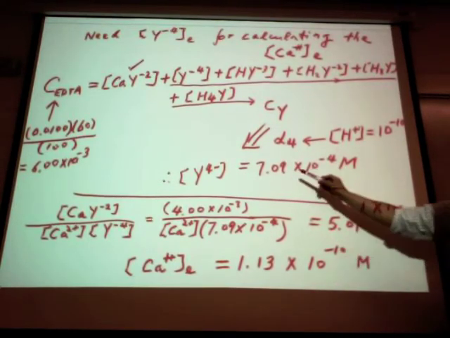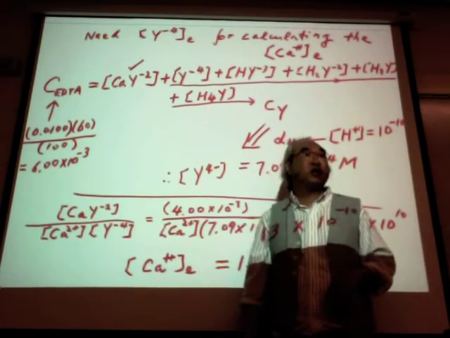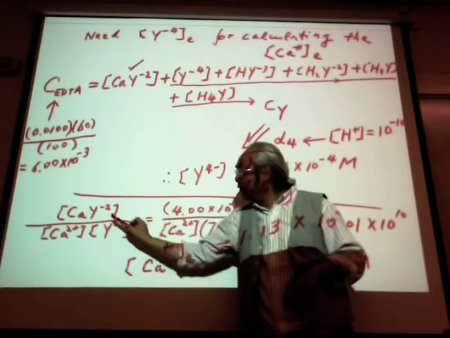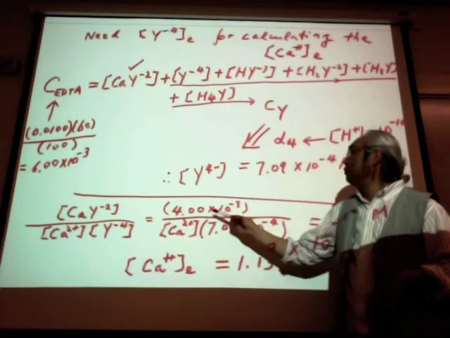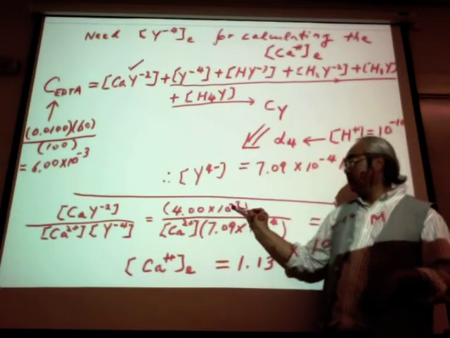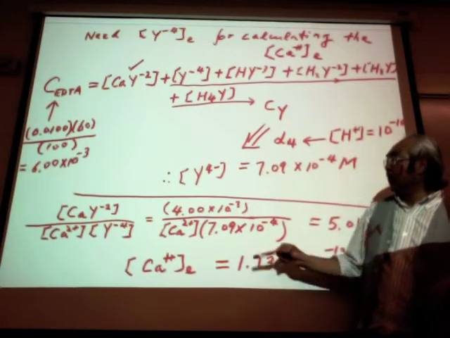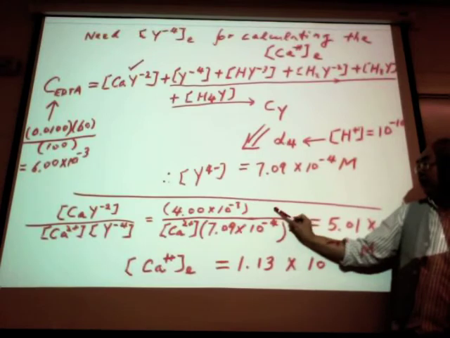Okay, once you have this, then you can plug into the equilibrium expression. This is the equilibrium expression as written. You do Kf. So now the complex has a numerical value; you calculate it, check. Then here the Y4 minus, calculated, check.